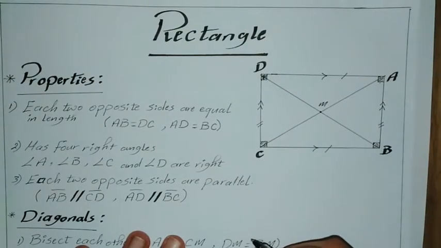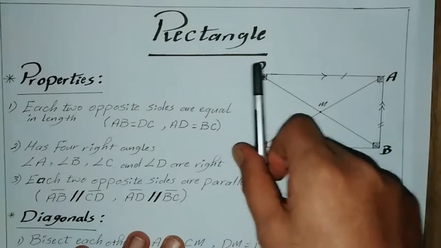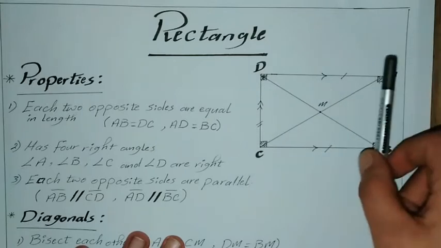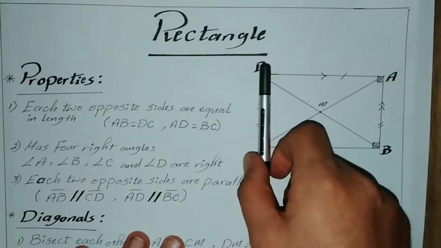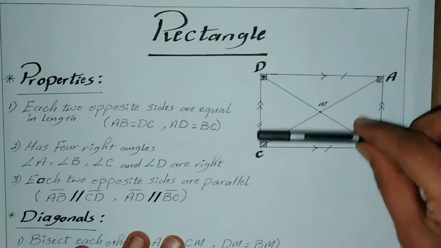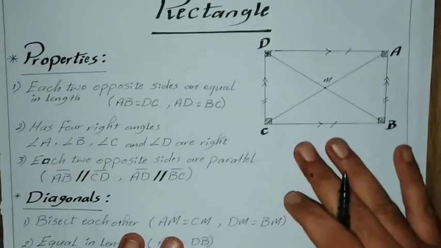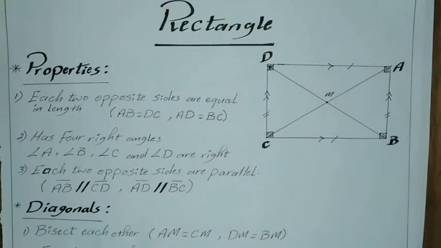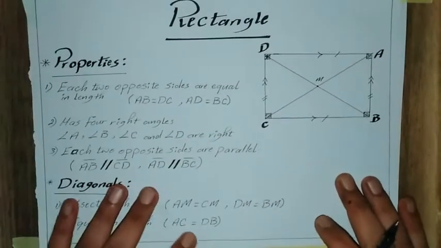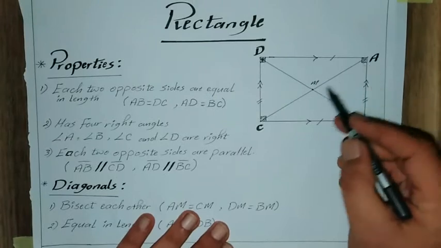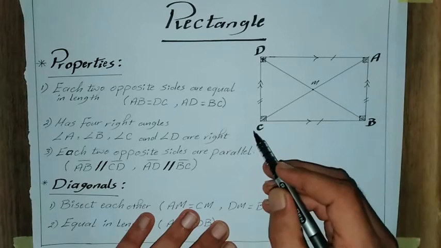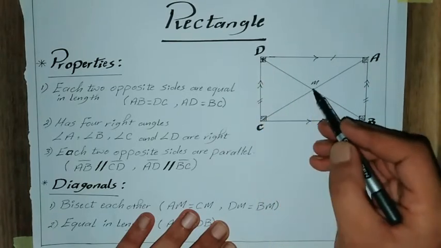The third property, each two opposite sides are parallel. AB is parallel to DC. BC is parallel to AD. The diagonals bisect each other.